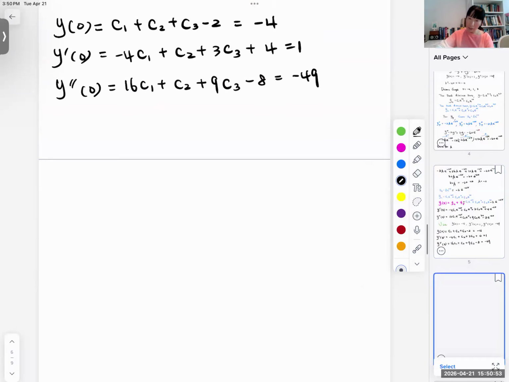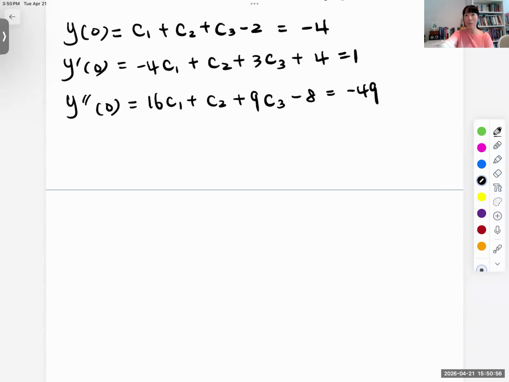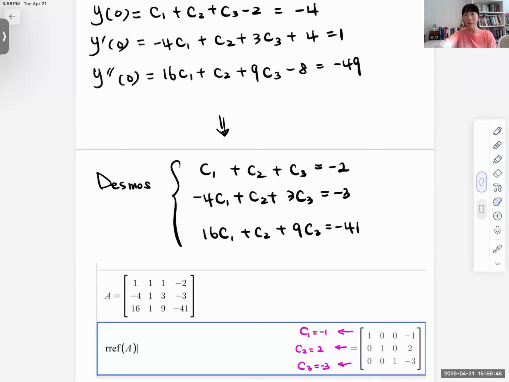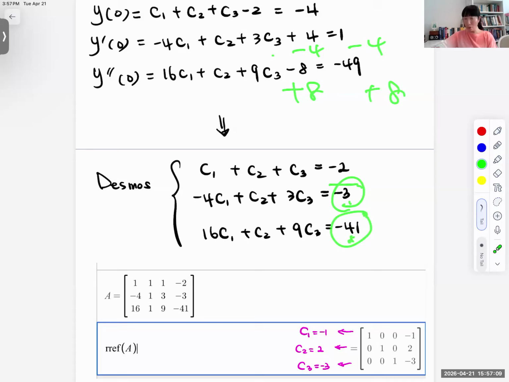Okay, let us use decimals. So we have a constant term here, right? So simplify this one. We add 2 to both sides, so we have negative 2, and then we subtract 4 from both sides, then we have negative 3, and we add 8 to both sides and we get negative 41.